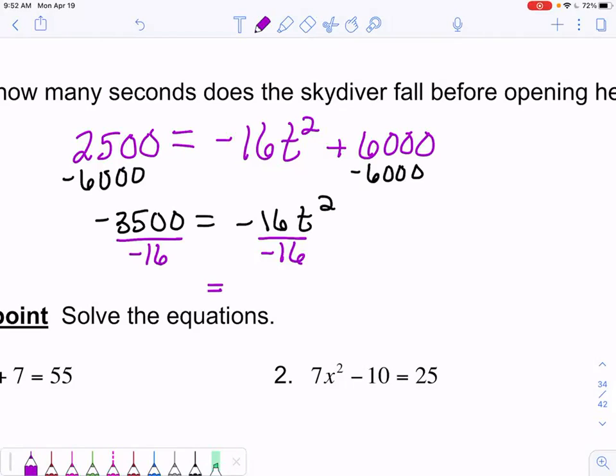Emma, do you have a calculator on your iPad? Yeah. What did you get? 218.75? And that's still equal to t squared. So what's the last thing that we would need to do then?